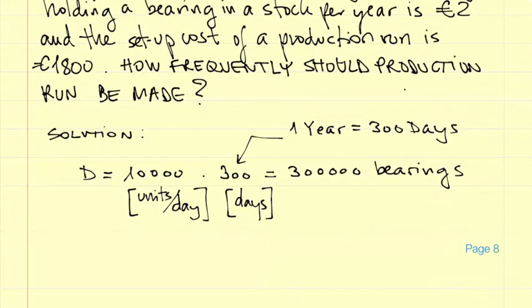Okay, so C1 is 2 euros per unit. CS is 1,800 euros.